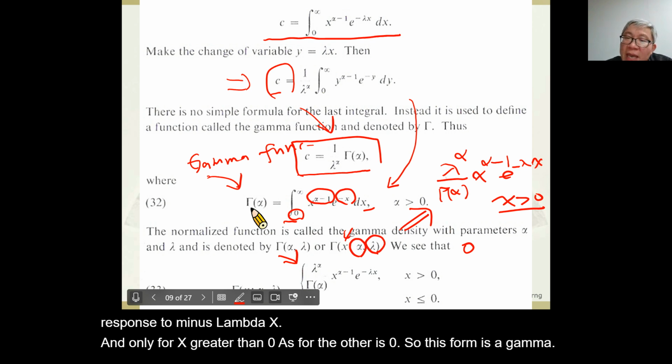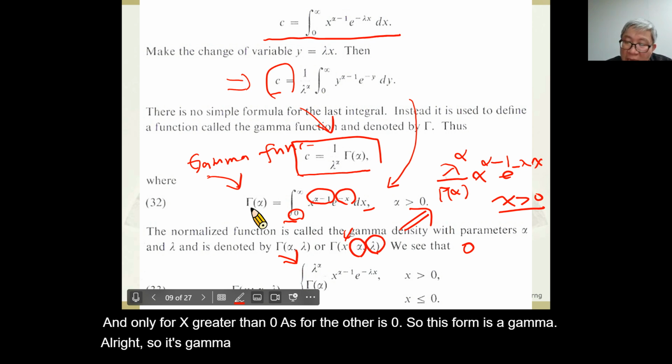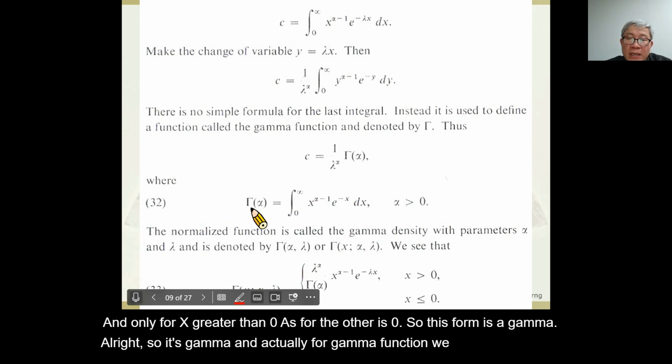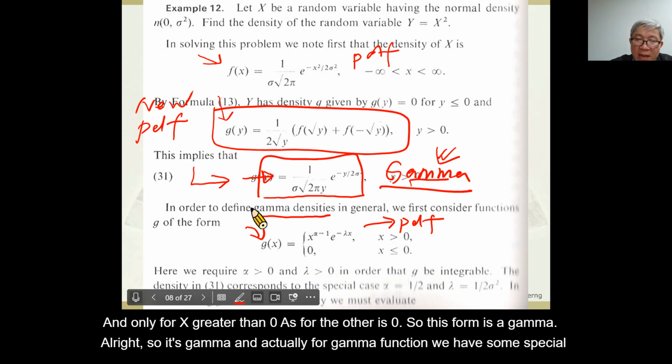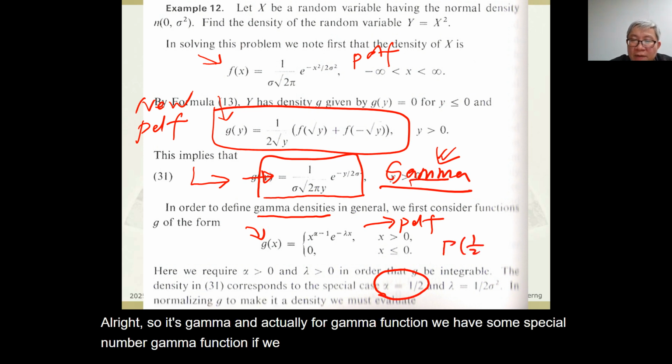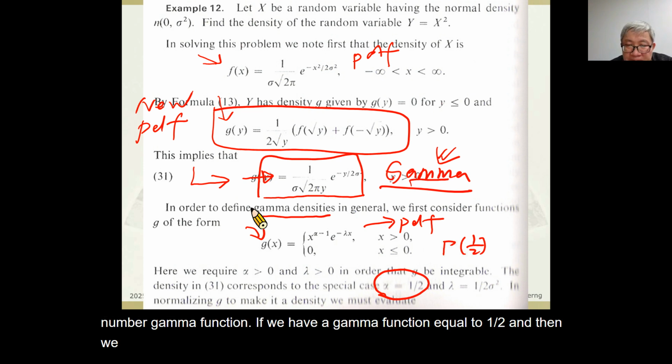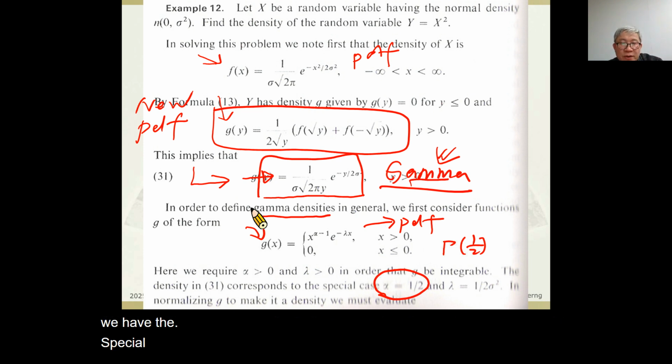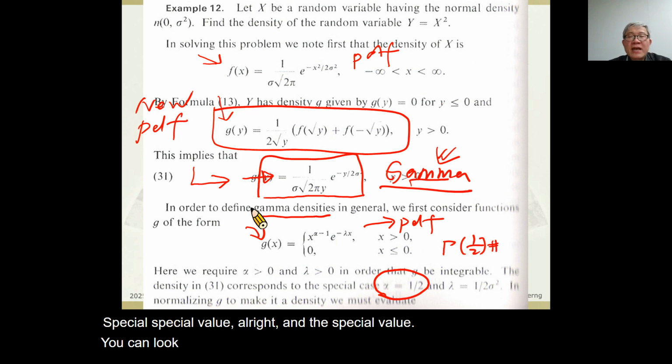So this form is gamma. For the gamma function we have some special numbers. The gamma function at a half has a special value, which you can look up, and this special value is related to pi.